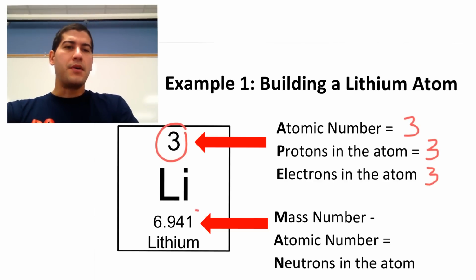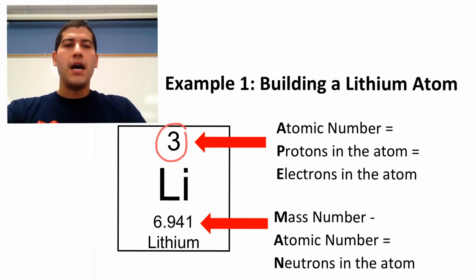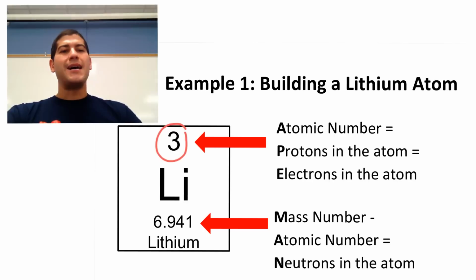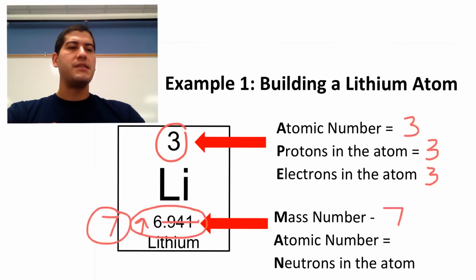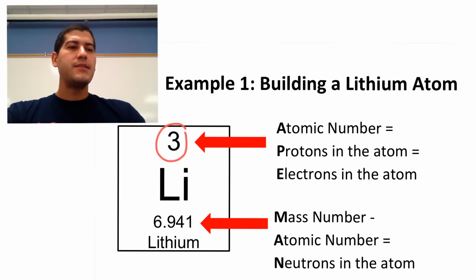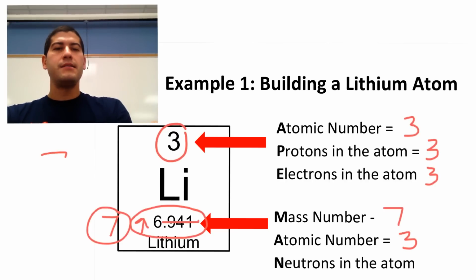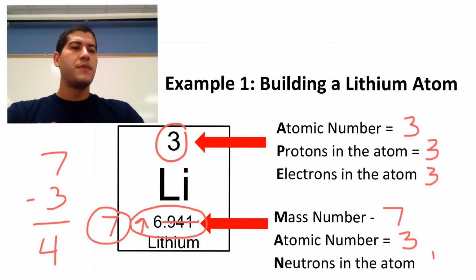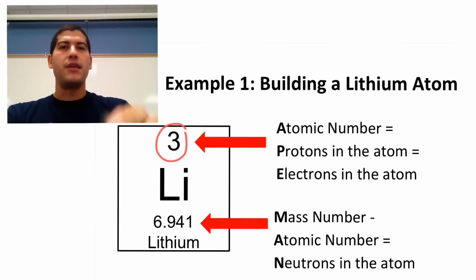The mass number down here for lithium, notice 6.941, when we round the mass number, it's actually going to round up, unlike helium. So it rounds up to 7. Our mass number is 7 minus the atomic number of 3. 7 minus 3 gives us 4 neutrons in one atom of lithium.